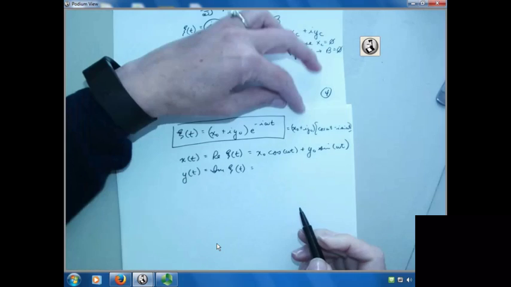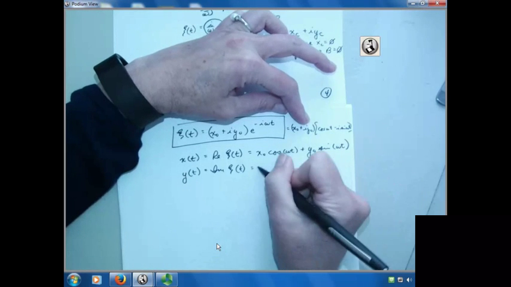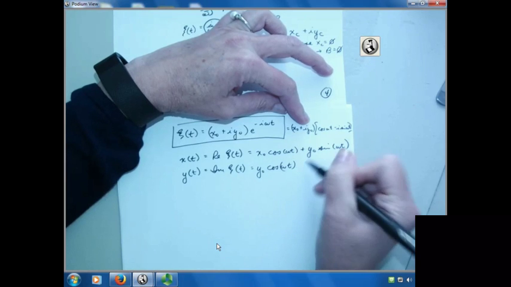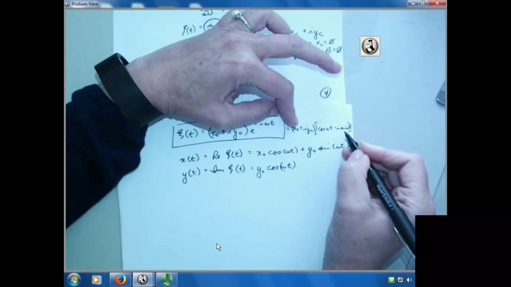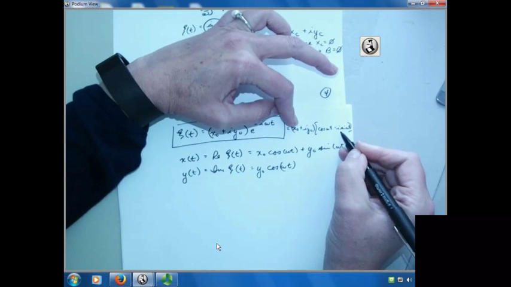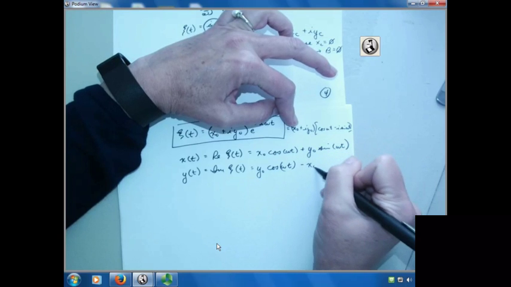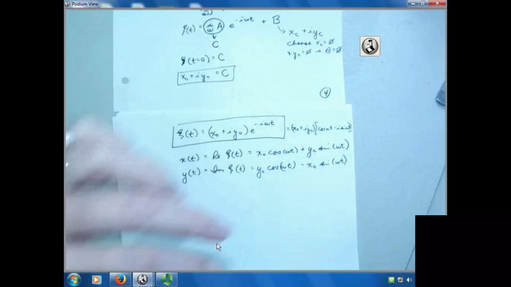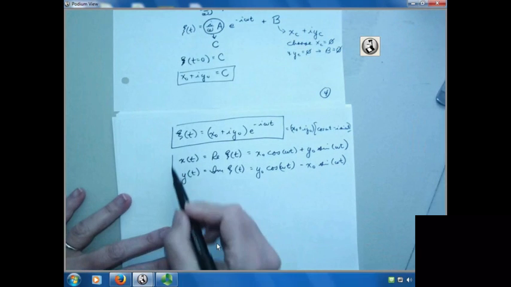All right, let's see what we got here. We've got y naught cosine omega t. And then I've got this negative i, so negative x naught sine omega t. All right, and that is our solution.